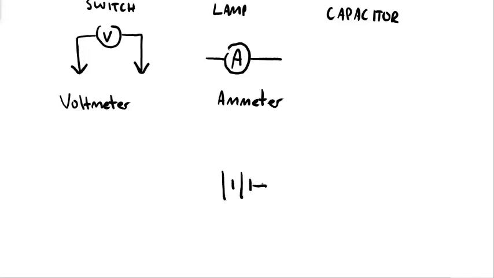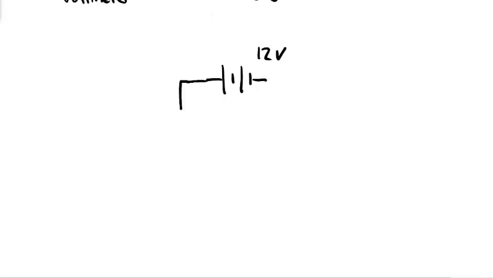In this case I'm going to draw a 12-volt battery. Use straight lines. Start at the positive side of the battery, and the long side is the positive side. We're going to go counterclockwise.